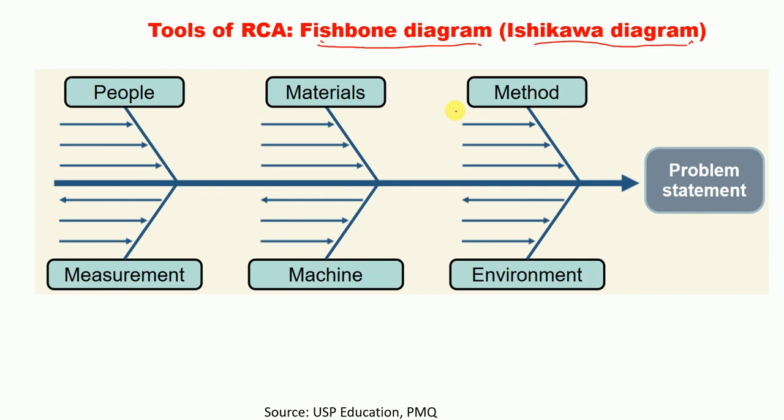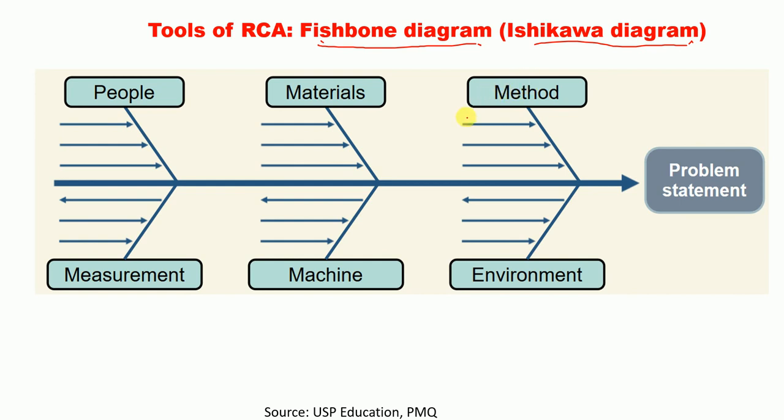While making the fishbone diagram to identify the root cause, first we ask ourselves: if the problem is due to people, then we list the reasons, what can be the causes due to people, or simply men. And materials: if the material was wrong or outdated, we ask if the problem is due to materials.